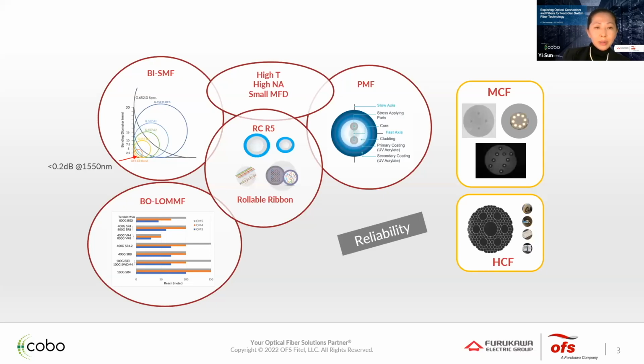At the bottom shows the reach of the OM3, 4, 5 fibers, laser optimized multimode fiber, with 100 and 400 gig and 800 gigabits per second VCSEL-based Ethernet transceivers.